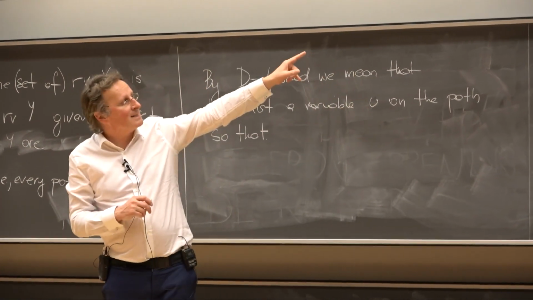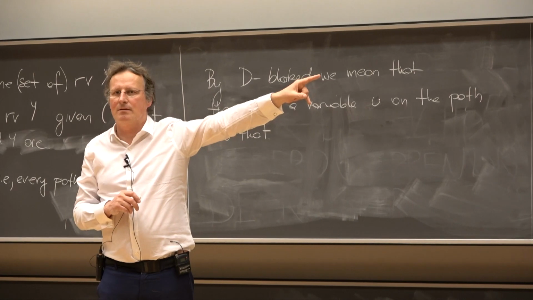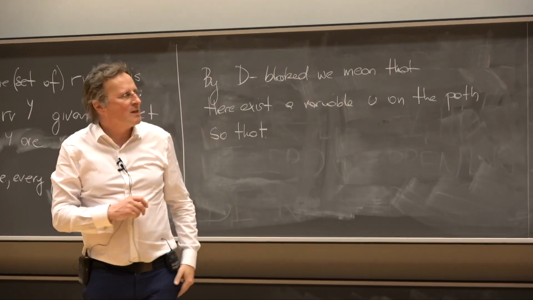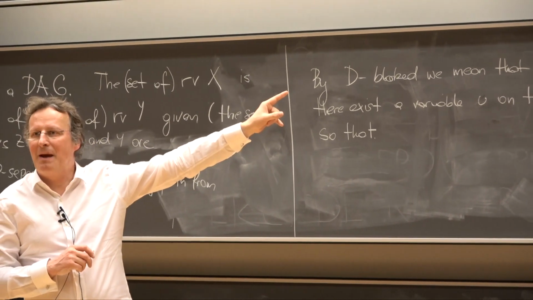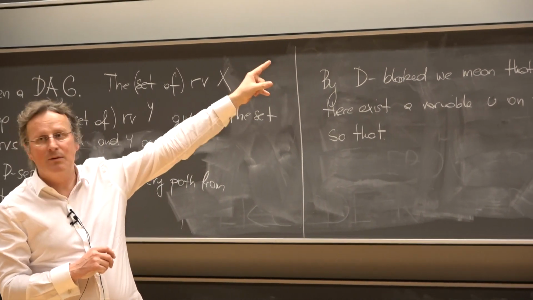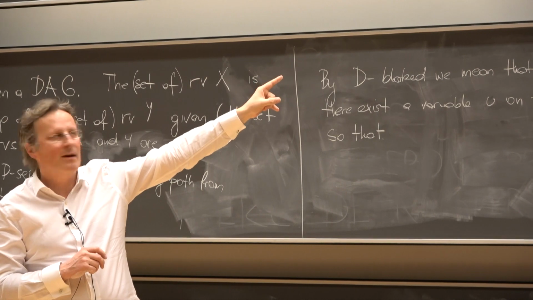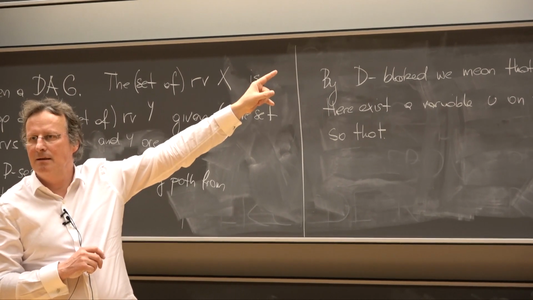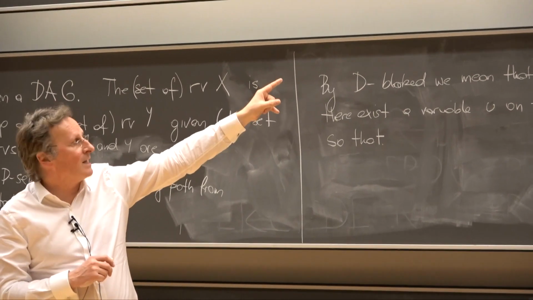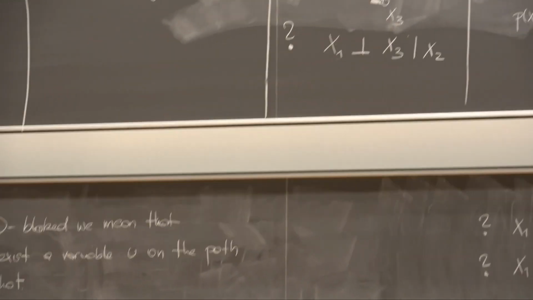And these conditions are exactly the conditions that we worked out here. Remember, x1 and x2 were dependent, but as soon as x3, which is now this random variable that's on the path, as soon as I tell you what it is, and that's the conditioning, they were independent. Okay, so that's one way to block a dependent path.